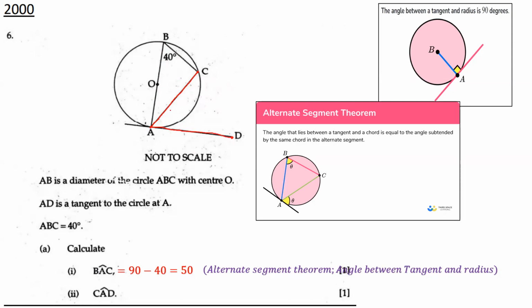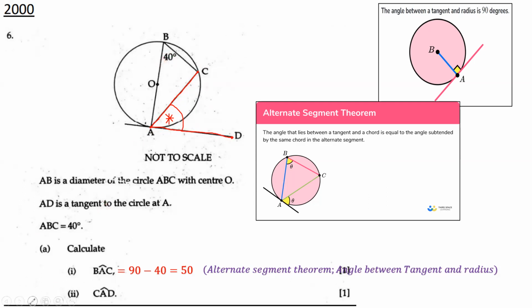And so the angle that they're asking us for is definitely this angle. But we found out what this angle was in the first part, because we saw that AD is the tangent and AC is the chord. The angle formed between the tangent and the chord is equal to the angle subtended by the same chord.